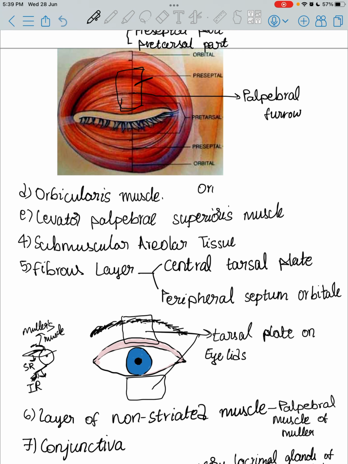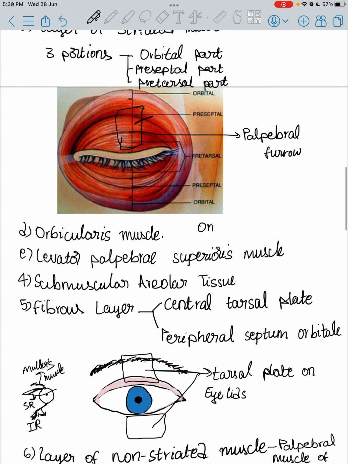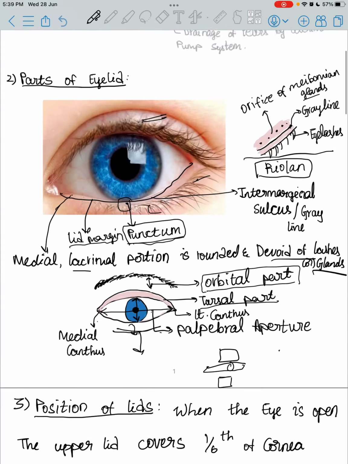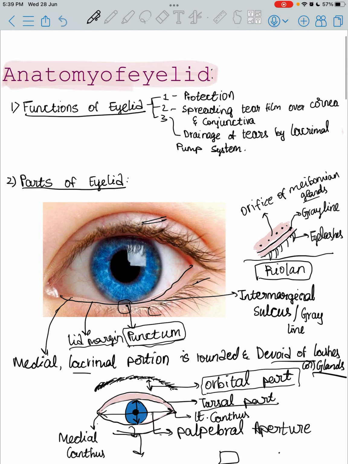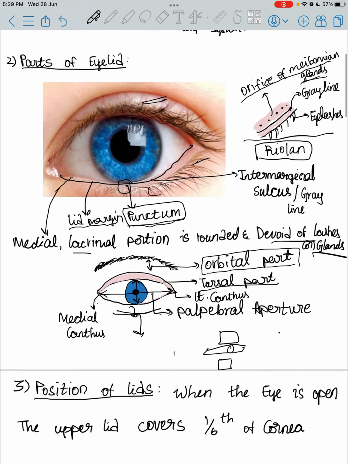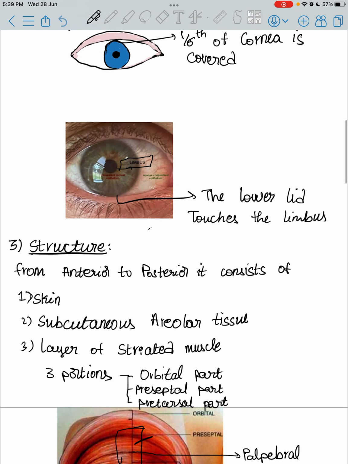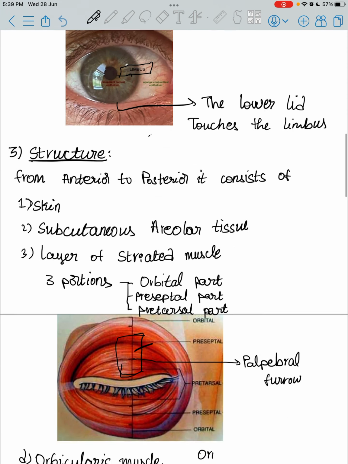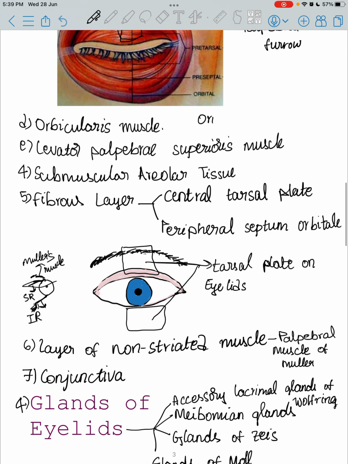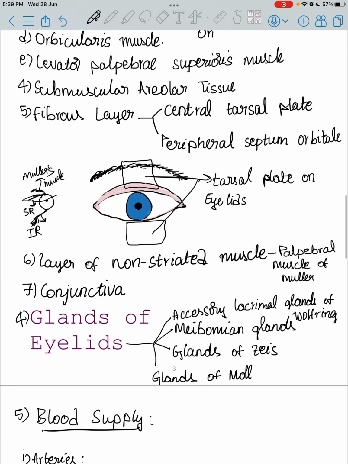In the substance of the tarsal plates lie the meibomian glands. Meibomian glands are also known as meibomian tarsal glands, which lie in the tarsal plate as seen in this figure. And the septum orbitale is also known as the palpebral fascia.